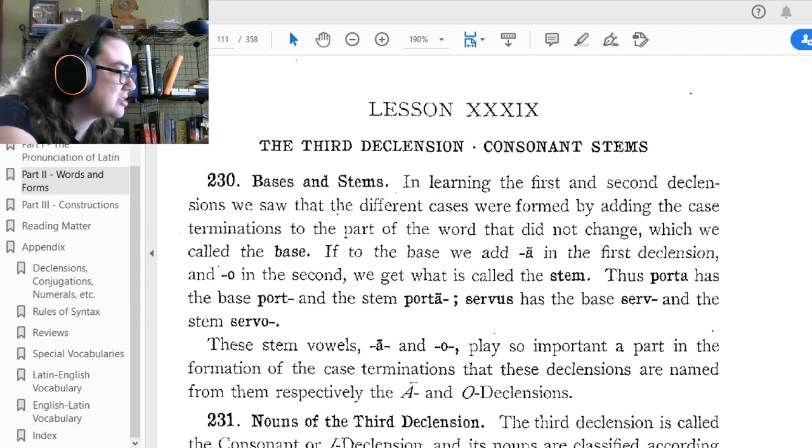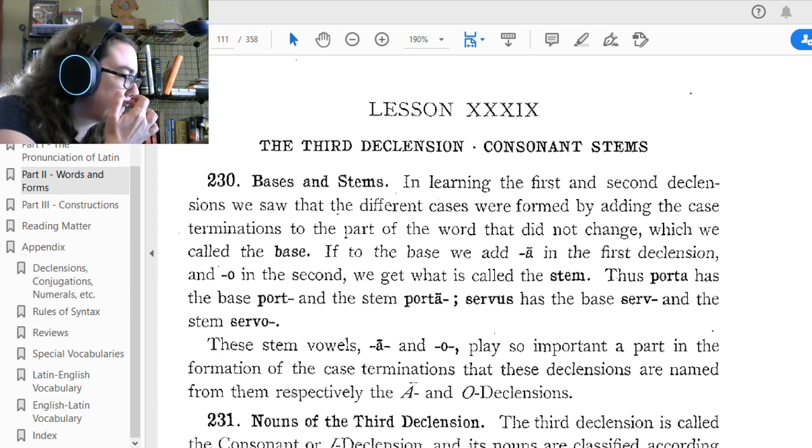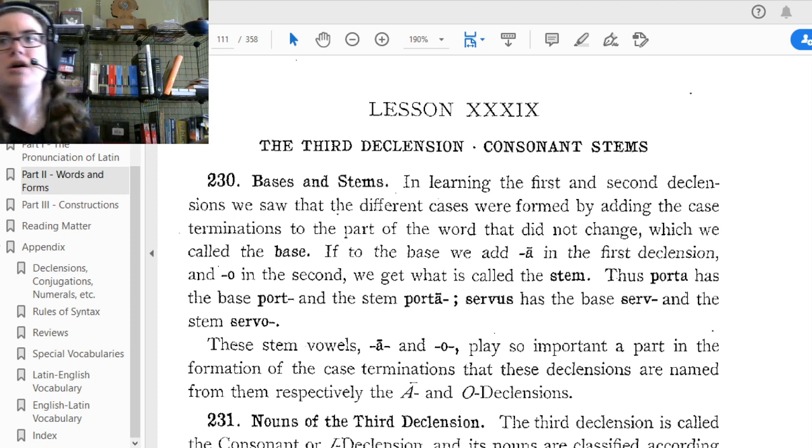The standard method of execution in ancient Rome was strangulation in the Tullianum, which is like a kind of prison thing. So not the most common.